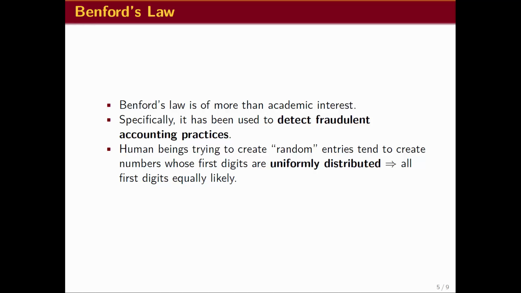It should be much more random if 1/10 of the numbers start with 1, 1/10 start with 2, 1/10 start with 3, and so on. So when people are making things up, when numbers are not arising from some natural organic process, the first digits tend to be more equally likely than if the data were true and actually followed this law.